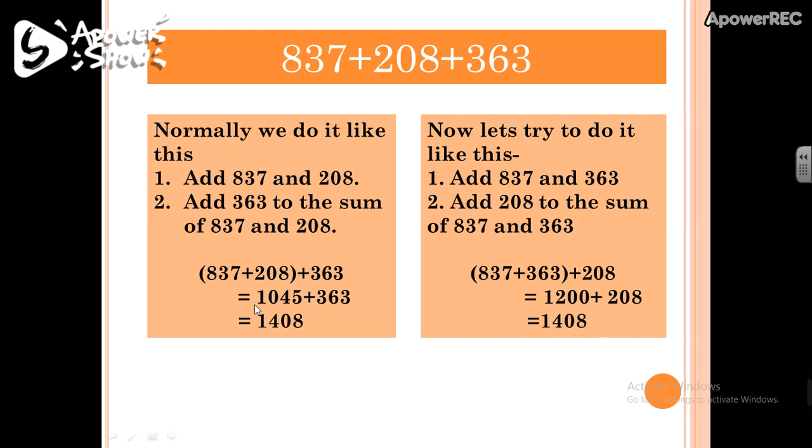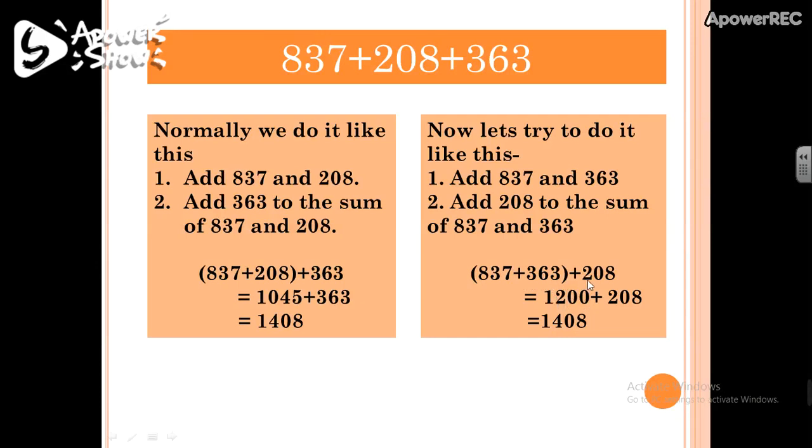So here, first of all, we add 837 and 208. The answer is 1045, and then we add 363 to it and we get 1408. Here we add 837 and 363 before, and the answer is 1200.